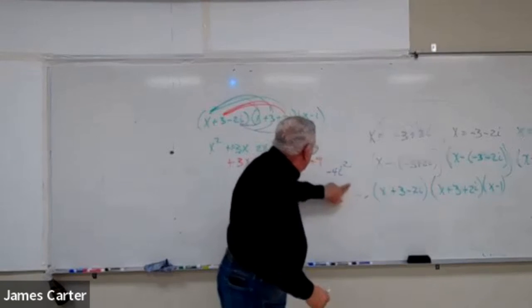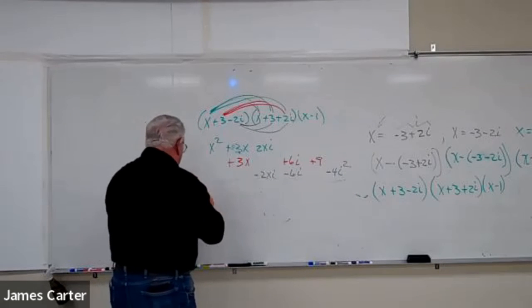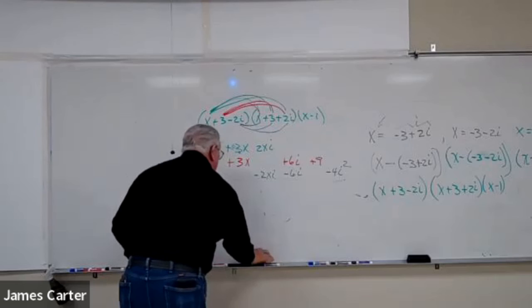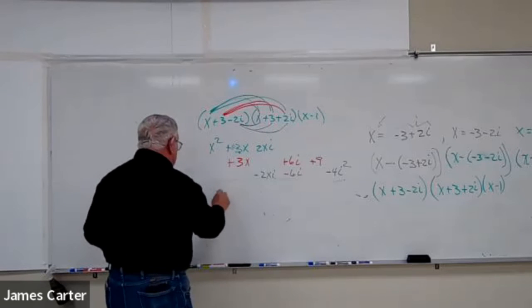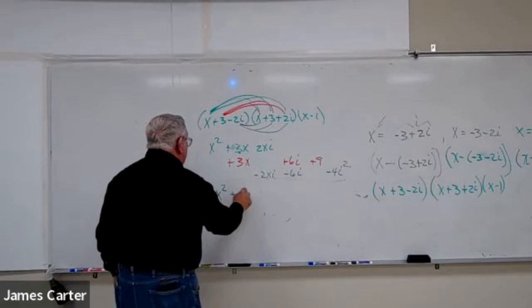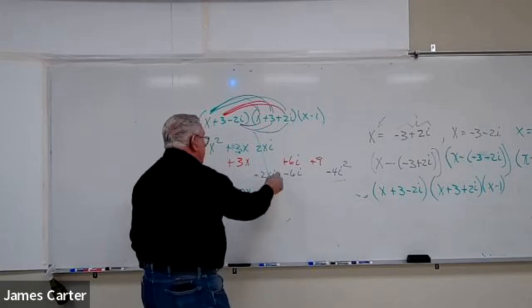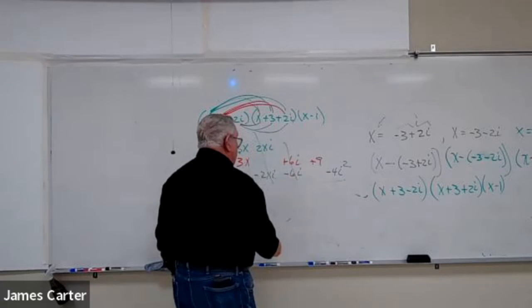Okay? I add all of this together. And what do I get? I get x squared plus 9x. Those two cancel. These two cancel.